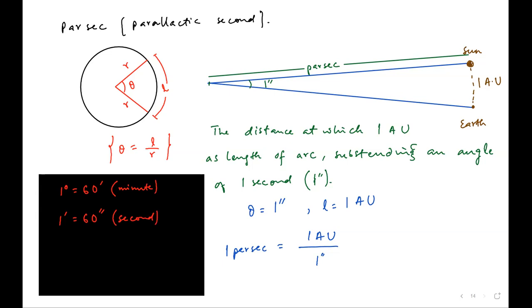There is a direct relation to convert degree, minute, second into radian measurement. 1 degree is equal to 1.74 into 10 to the power minus 2 radian. Just remember this. 1 minute is equal to 2.91 into 10 to the power minus 4 radian, and 1 second is equal to 4.85 into 10 raised to minus 6 radian.